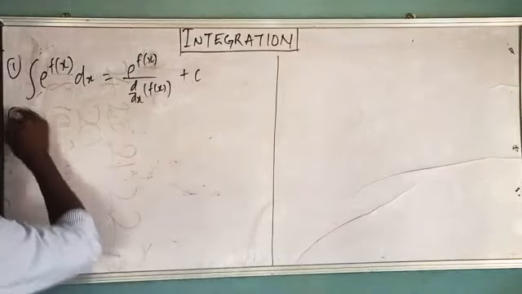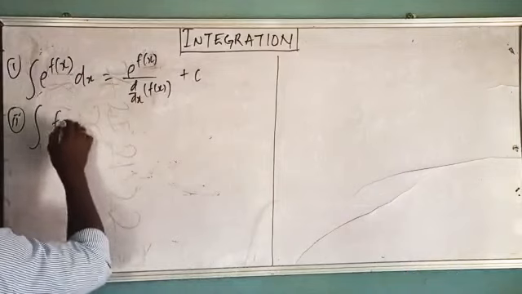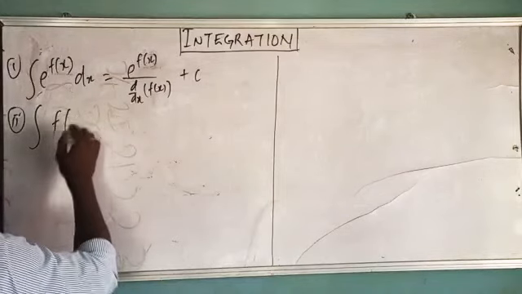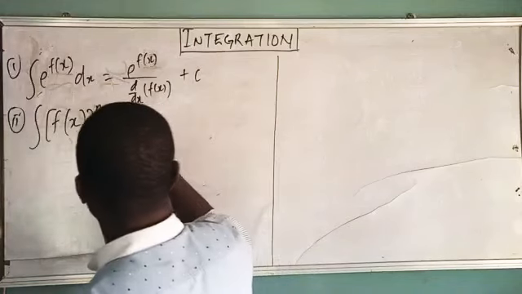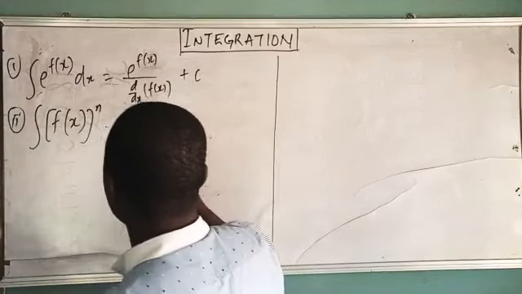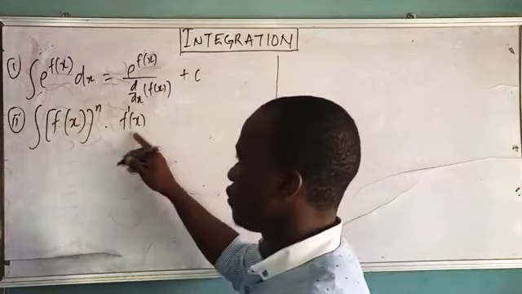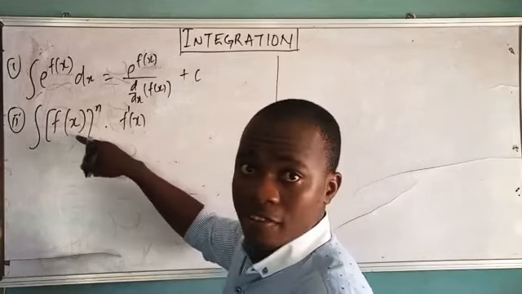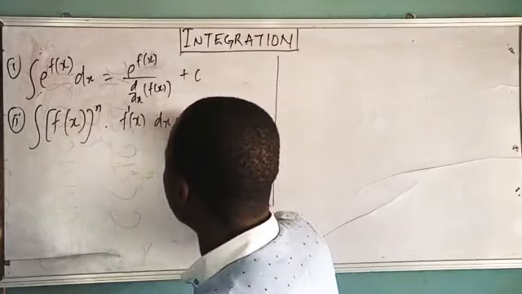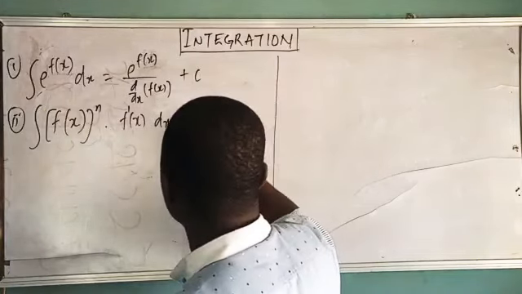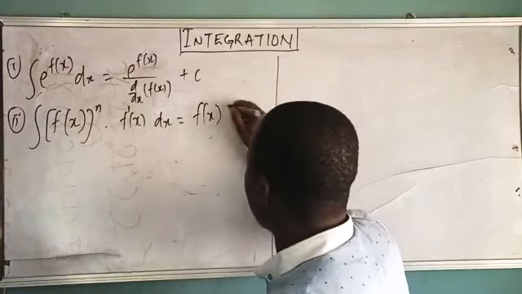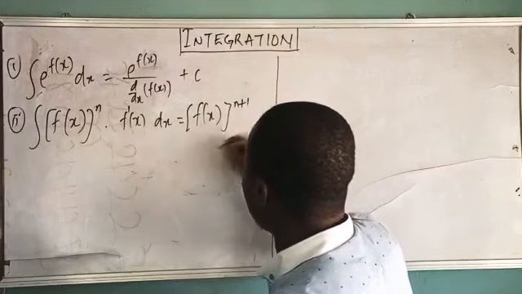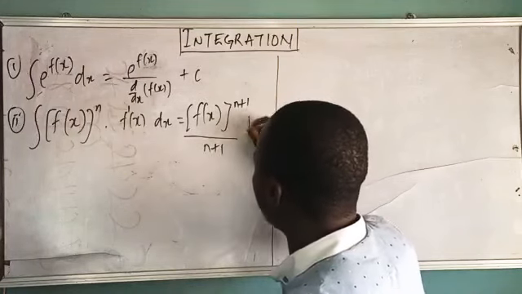Also, if you have the integral of f of x raised to power n multiplied by f prime of x, that is the differential coefficient of f of x, with respect to x, it will automatically give us f of x to the power n plus 1, over n plus 1, plus c.